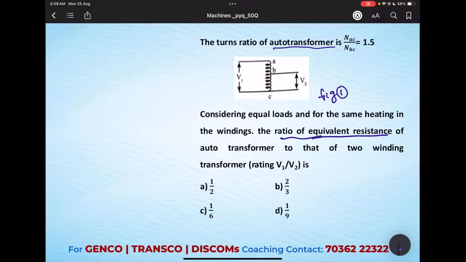They are asking for the ratio of equivalent resistance. The question is about calculation of equivalent resistance. Whenever this type of question comes, we have to break down the question part by part. First, let's see the concept on which the question has come. The concept is about auto transformer.